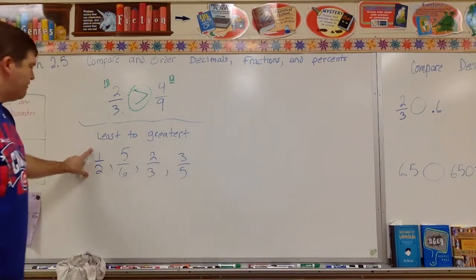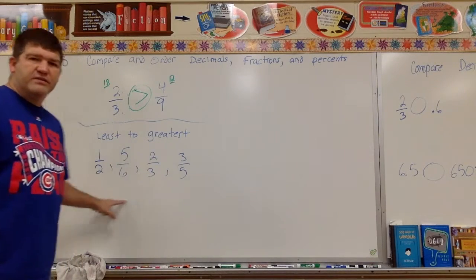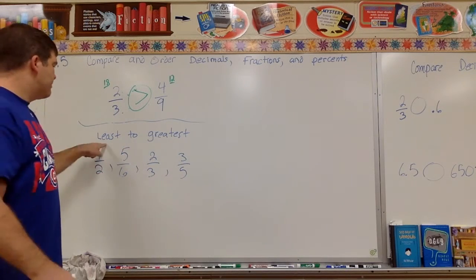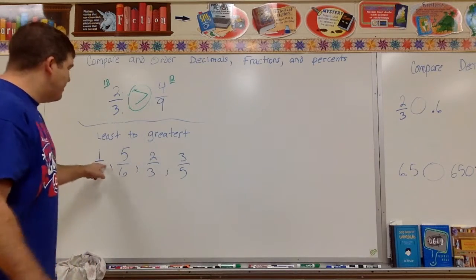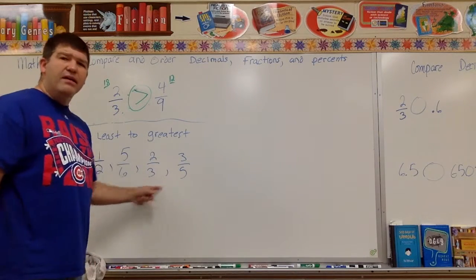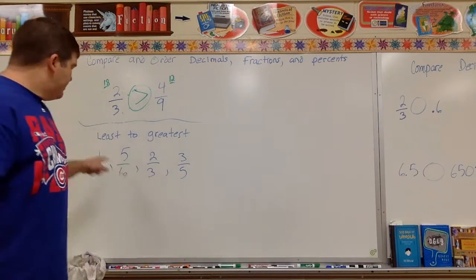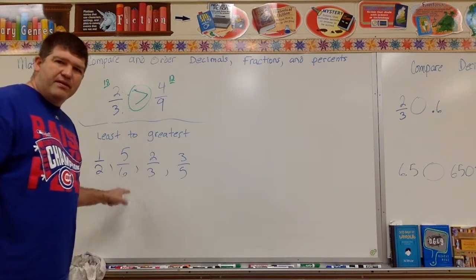Now, sometimes you're going to have 4 different fractions, and you need to put these in order. This one says from least to greatest, so smallest to biggest. I want to find the smallest one here. Now, they all have a different denominator, so I can't really compare the numerators until they have the same denominator.